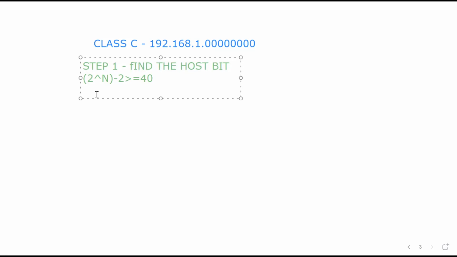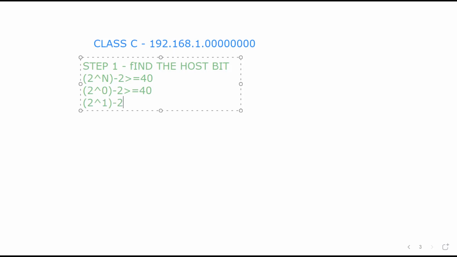Shall we start by putting the value of n? 2 to the power 0 minus 2, is it greater than or equal to 40?